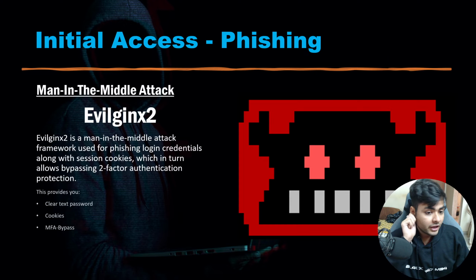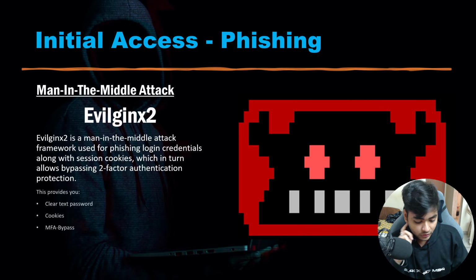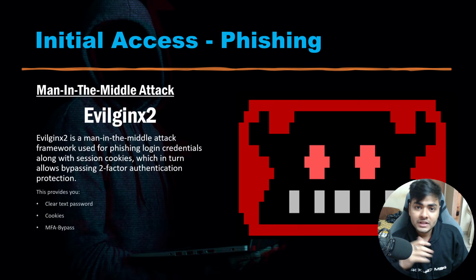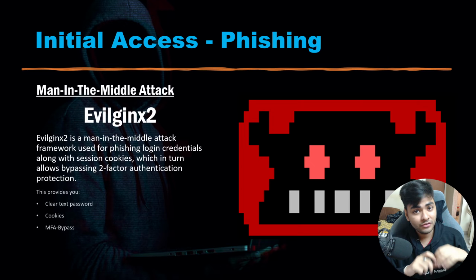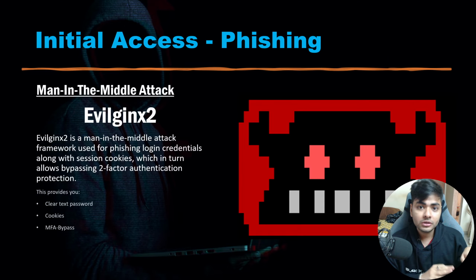Now, if you ask me the difference between the illicit consent grant attack and the man-in-the-middle attack: in an illicit consent grant attack, you get an access token which is dedicated to some particular permissions. But in a man-in-the-middle attack, you get session tokens.